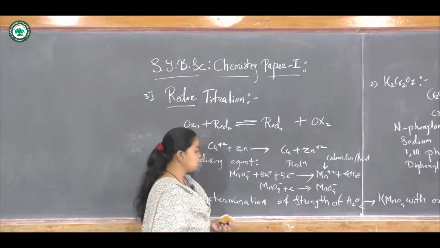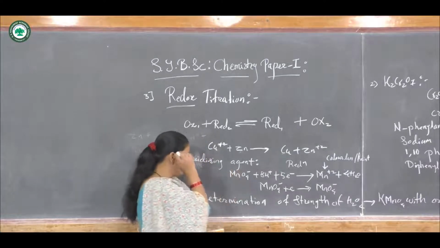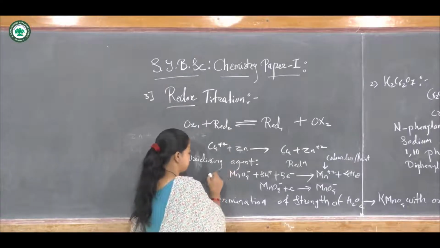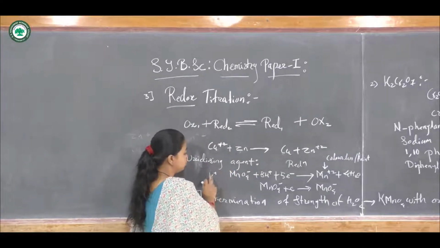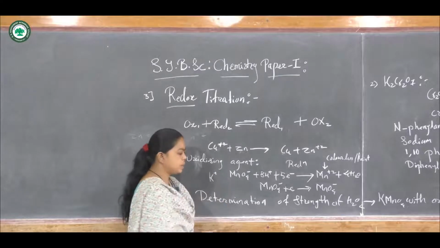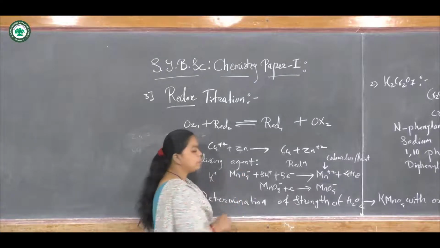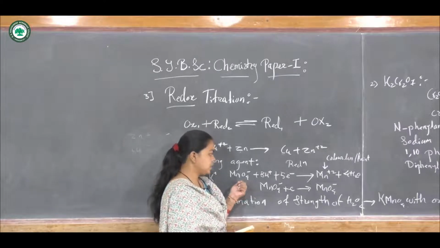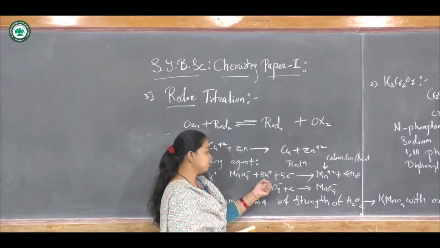When KMnO4 is in solution, MnO4 minus ions are present. K has the positive charge, so if we remove this K plus, the MnO4 minus ion will exist in the solution. So when it is present in the aqueous medium, what happens?